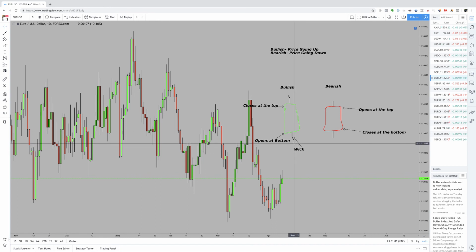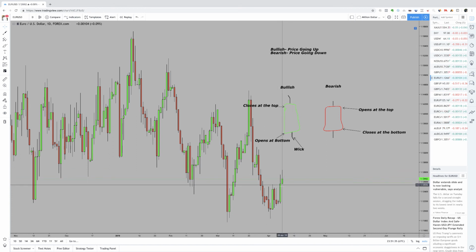So for example, let's go back to this day. Let's go back to April 8th, which is yesterday's candle. Price opened down here at the bottom where the previous candle closed, and then price ended up closing right here at the end of this day. You see a big wick up to the upside.